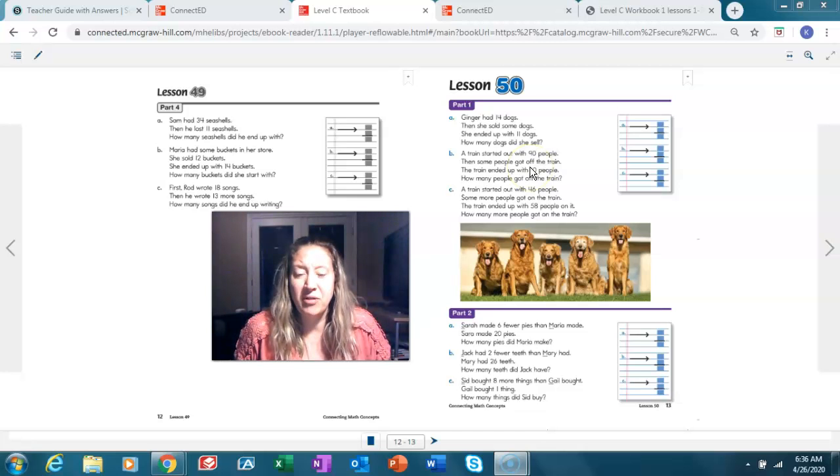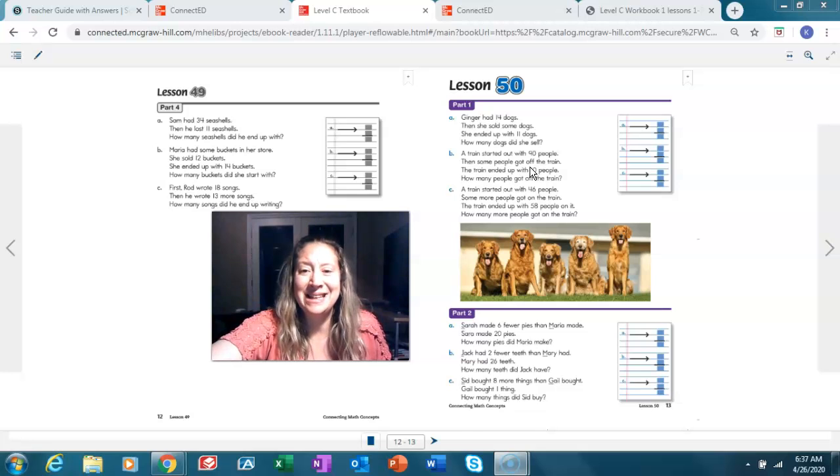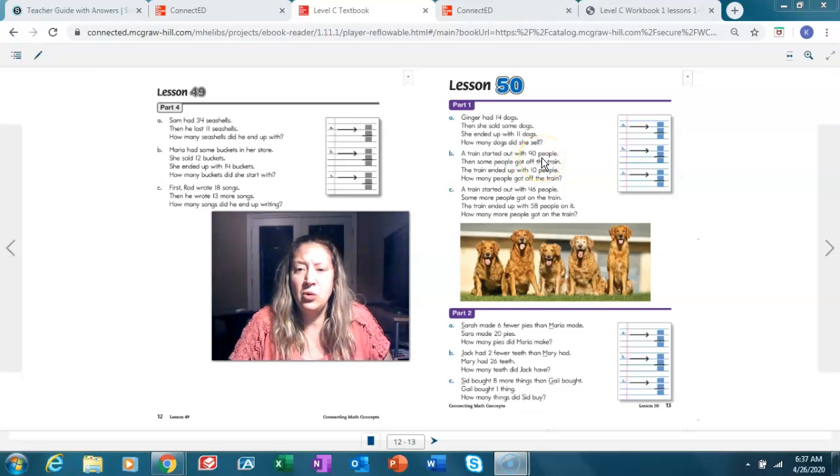If people got off, the train ended with less, right? So E is the small number and S is the big number. Now let's read to see if we can replace the S and the E. Let's look at the first sentence. A train started out with 90 people. Which letter are you going to replace? The S. Go ahead and replace the S.